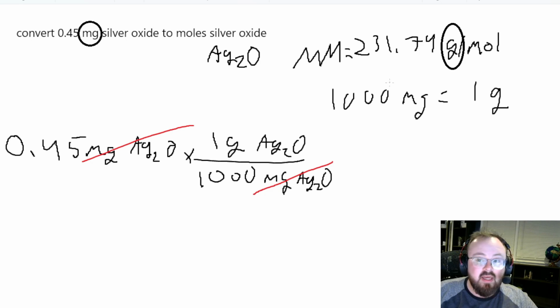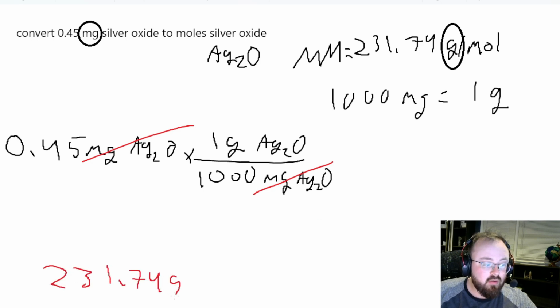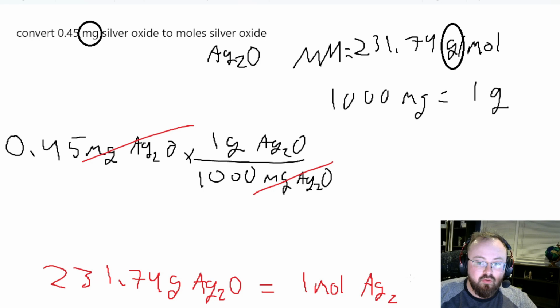And now let us use our molar mass, reminding us that what this is telling us is 231.74 grams of Ag2O is equal to 1 mole of Ag2O. So, which one am I going to choose here?